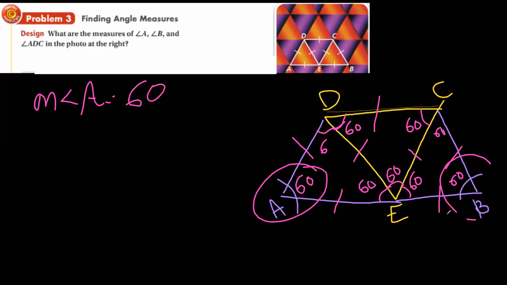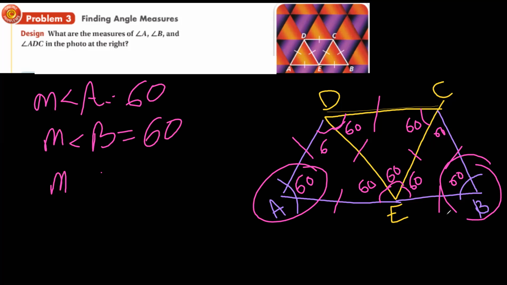Now, he asked me about the measurement of the angle A. What is the measurement of the angle A? It is 60. What is the measurement of the angle B? It will be 60.